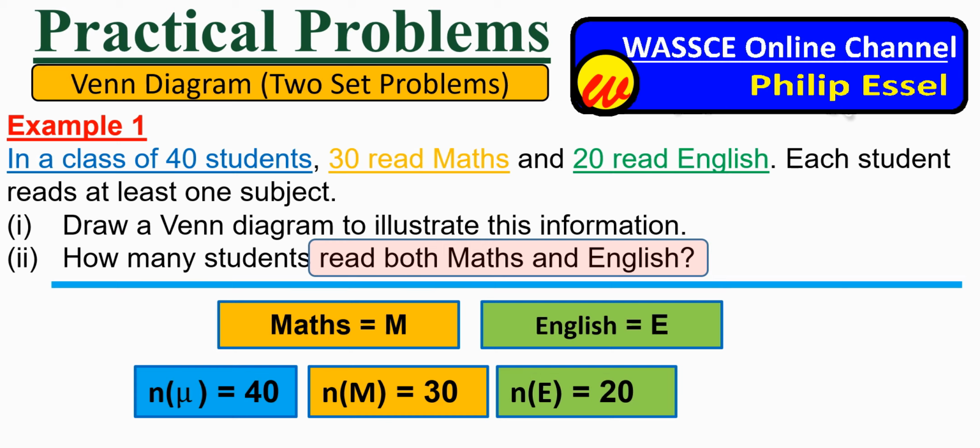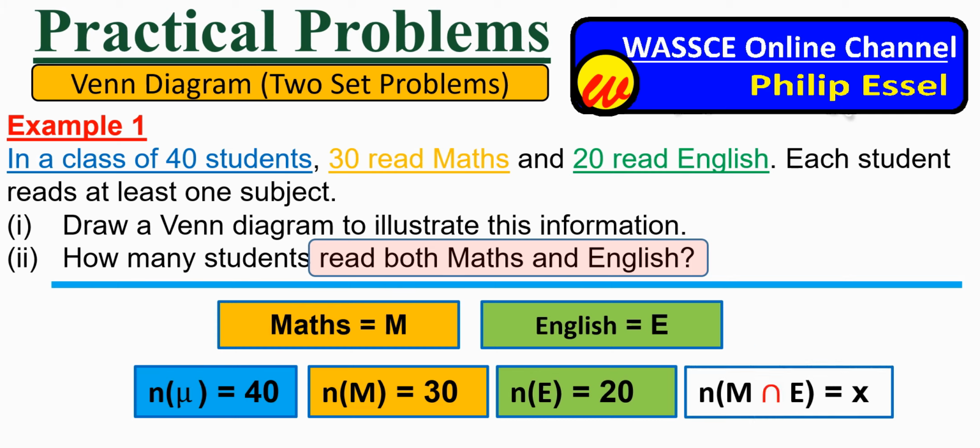So let's write that information down. So here we have the number of those reading maths and English at the same time equals X, because we do not know the number. And I believe you know why we have maths intersection English representing both maths and English.